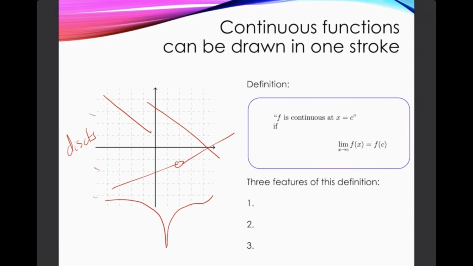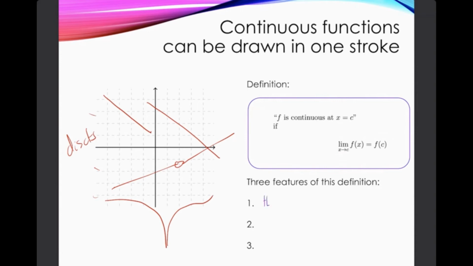So the formal definition that we work with appears in this blue box right here. We say that a function is continuous at a point if this expression right here, if the two-sided limit exists, if the function value exists, and those two things are equal to each other. So let me break that down for you.